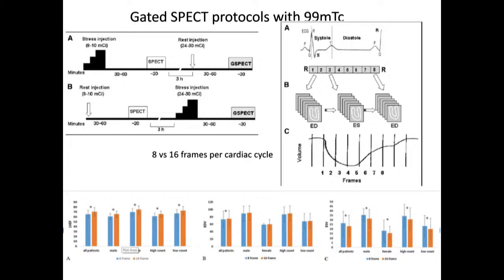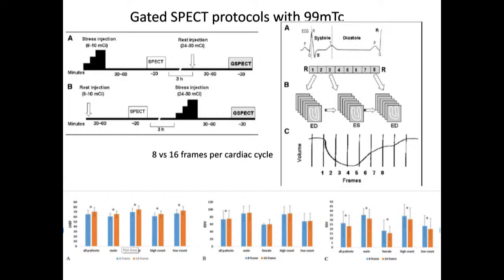Remember, with the current SPECT technique with the technetium agent, when we give a low dose, the signal is not as good, so the EF is not as accurate. But with the high dose technetium, the EF is pretty good. But ideally, you want to do 16 frames.